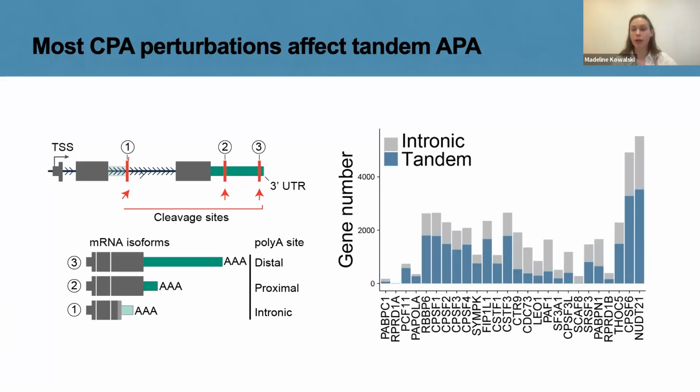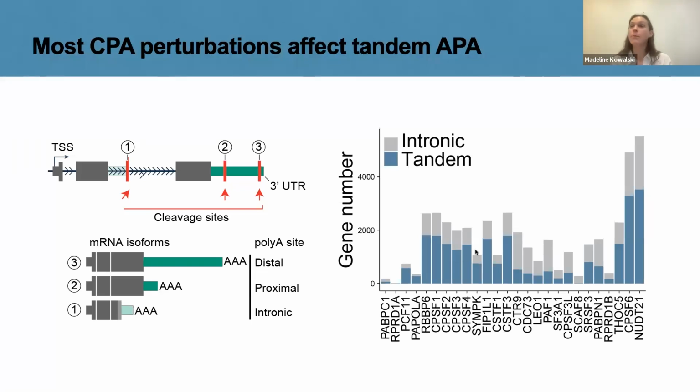As Harm mentioned, the majority of genes have multiple polyA sites, and these fall broadly into 2 classes. Tandem APA will affect the length of the 3' untranslated region only, versus intronic APA will also affect the coding sequence as you have premature cleavage upstream of the last exon. So we characterize the number of genes that cause both intronic and tandem APA for each perturbation.